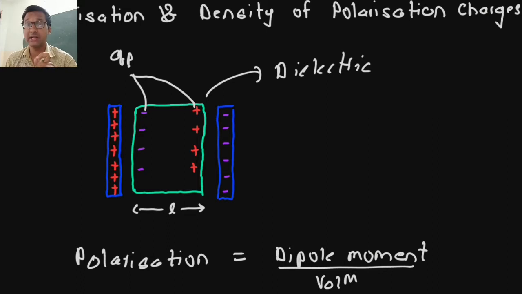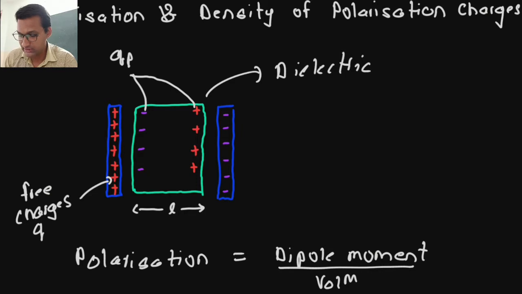The charges that are on the conductor are called free charges, so on the conductor we have free charges, let us say Q. On the insulator, the dielectric placed in an electric field, there will be a charge separation, and this will induce charges on the surface. These charges on the surface are called polarization charges.